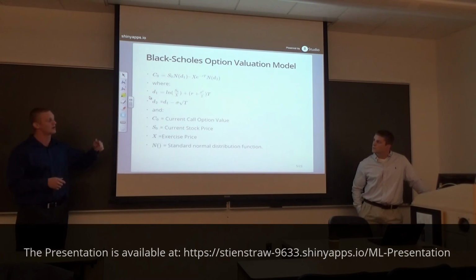Now to find d1, you take the natural log of the stock price over the strike price, plus the risk-free rate plus variance over 2 times time. To find d2, you take the solution of d1 minus the standard deviation times the square root of time.